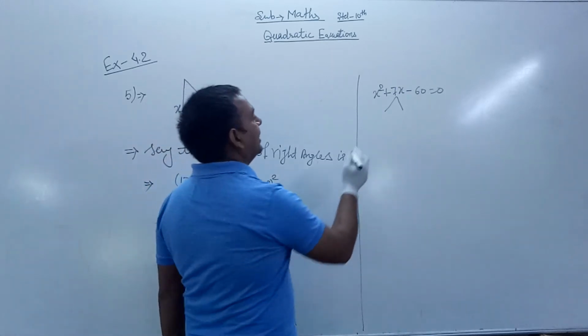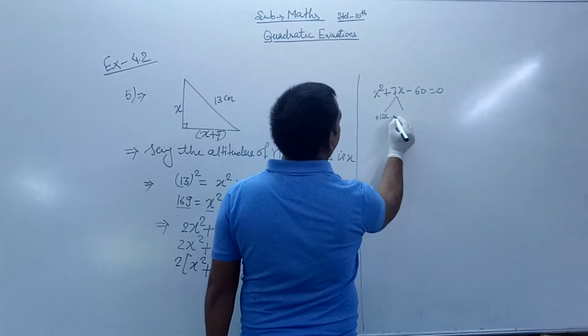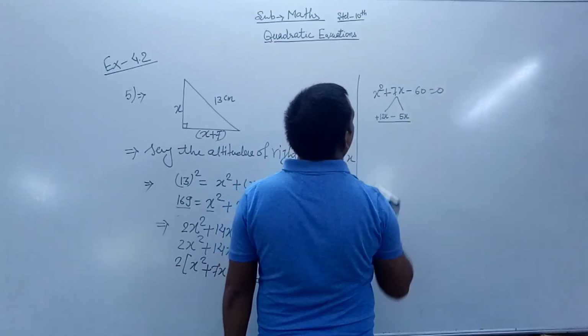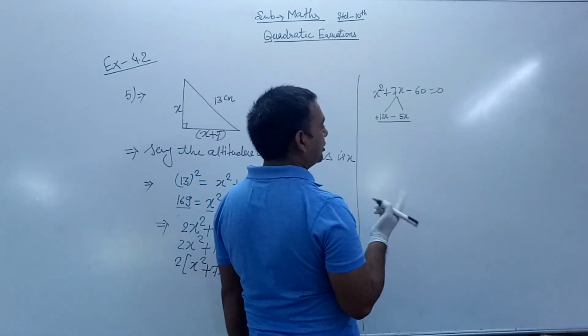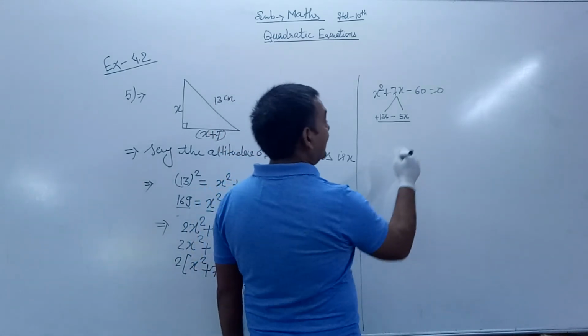So I take 12x with the positive sign and 5x with the negative sign, because 12x minus 5x is equal to 7x, and 12x times minus 5x gives minus 60 x squared.